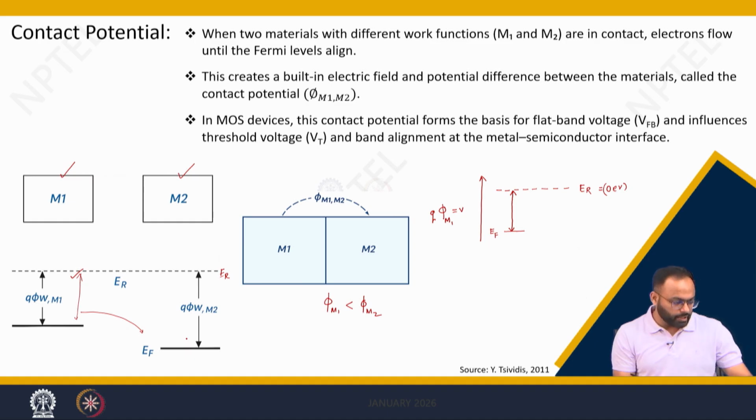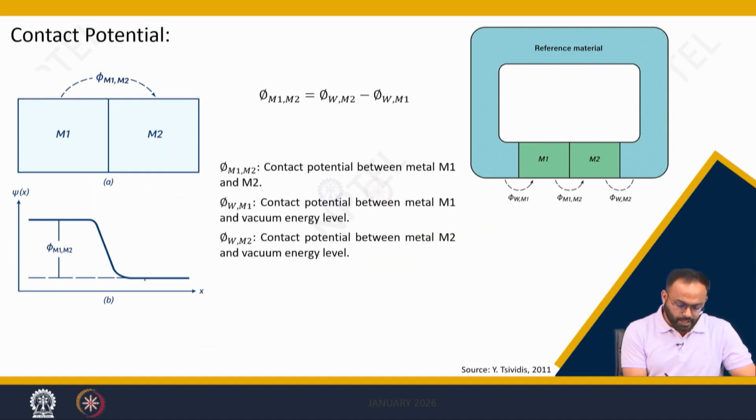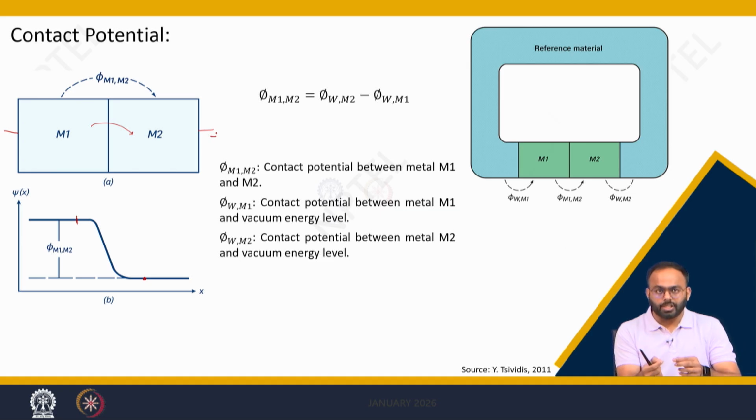So, we will find that the potential of m2 will be lesser than the potential of m1. It is like the electron was coming from m1 to m2, this becomes more negative, and hence this potential will repel the electron from going back to the metal m1, and equilibrium is established.